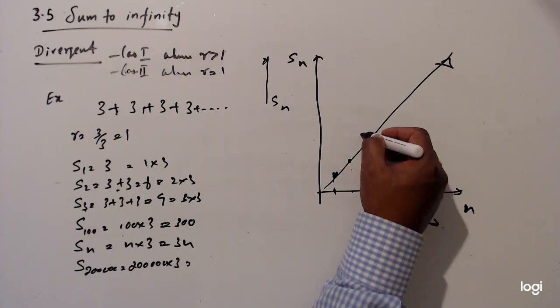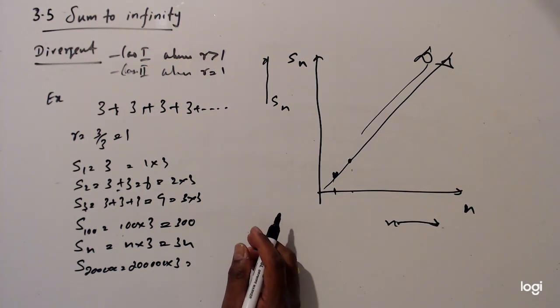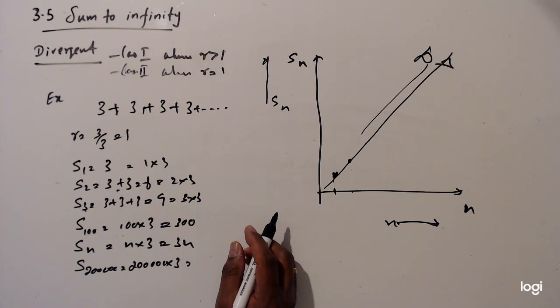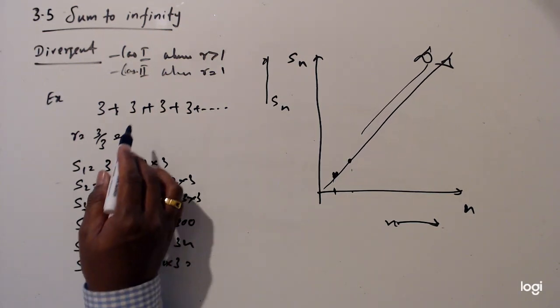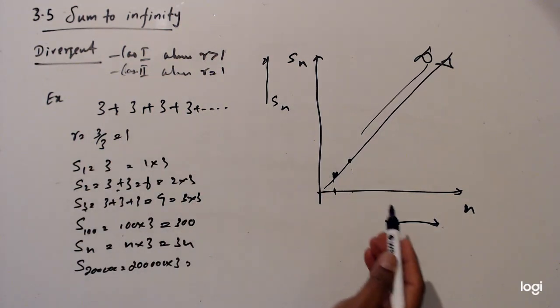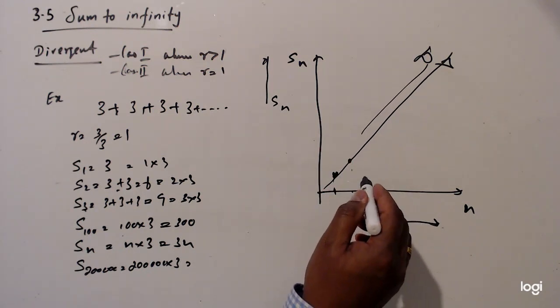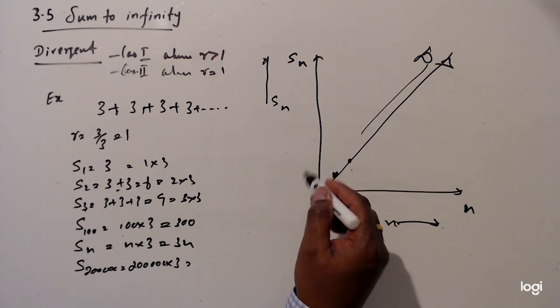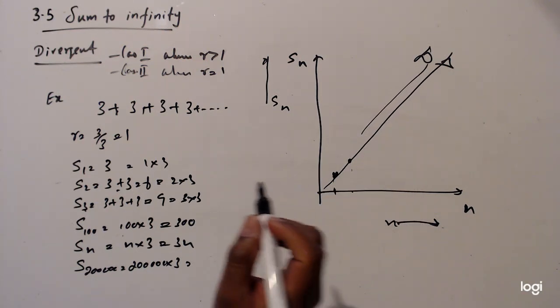Basically the graph is going towards the infinity. The limiting value is infinity. So we don't consider infinity as a limiting value. So in that case, when r equal 1, the series is still divergent because there is no limiting value. The graph goes to the infinity.